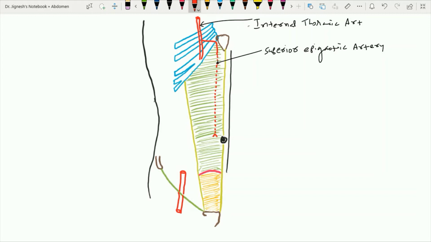So just above the inguinal ligament, the inferior epigastric artery is going to arise from the external iliac artery, and it runs behind the fascia transversalis. And this inferior epigastric artery lies just medial to the deep inguinal ring, which is the opening within the fascia transversalis.